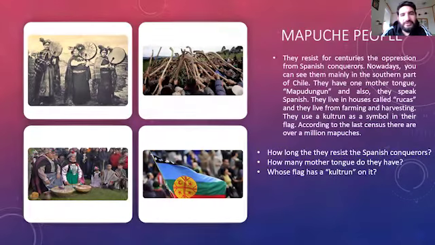Excellent, Diego. Mapuches people or Mapuches flag. So, Mapuches flag has a cultrum on it. Okay? Excellent, guys. So you got the idea. ¿Entendieron a lo que me refería antes?